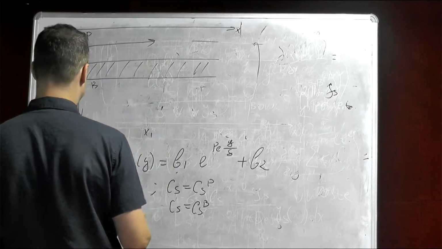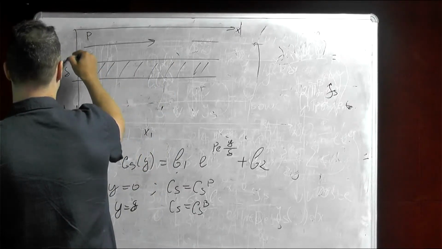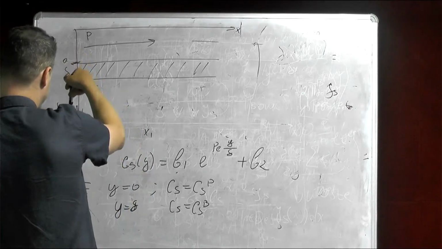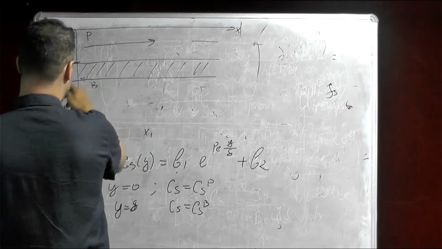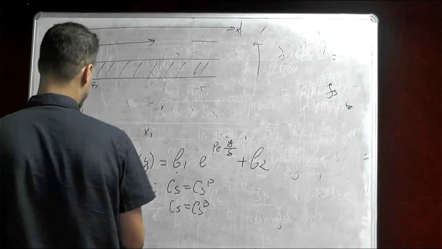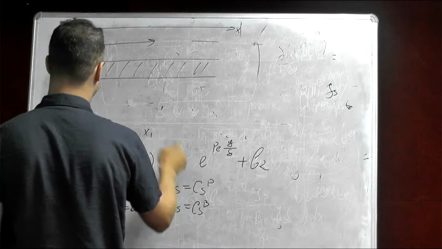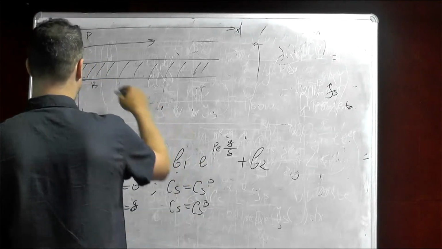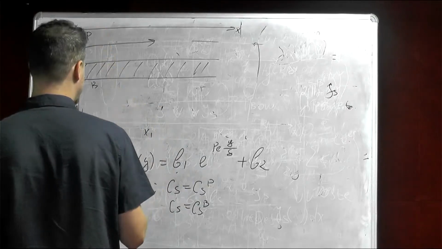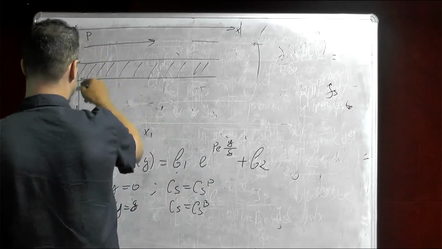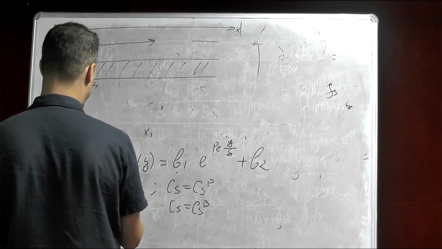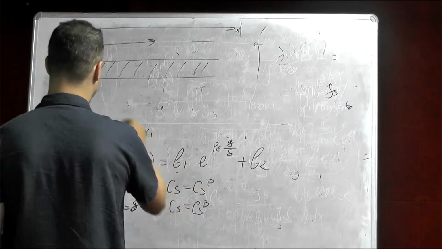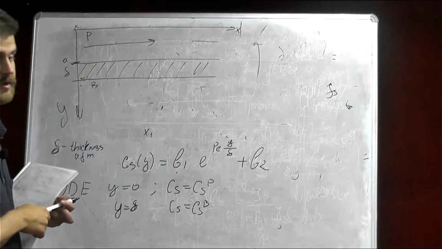If we start measuring the y-axis from the beginning of the membrane, right here the concentration of the solute will be equal to the concentration of the solute in plasma at the given position of x. And when we cross the membrane, so y equals delta, the concentration of the solute will be equal to the concentration of the solute in the Bowman space.